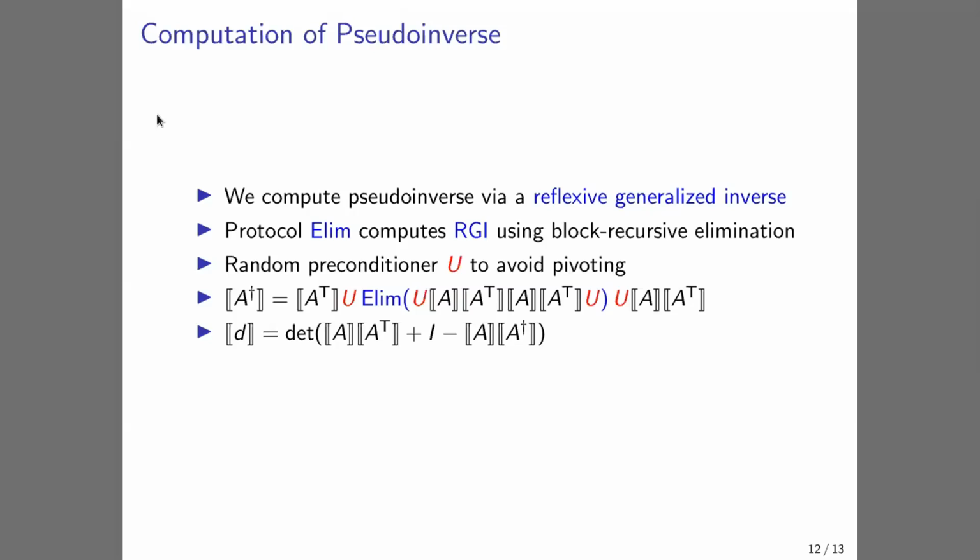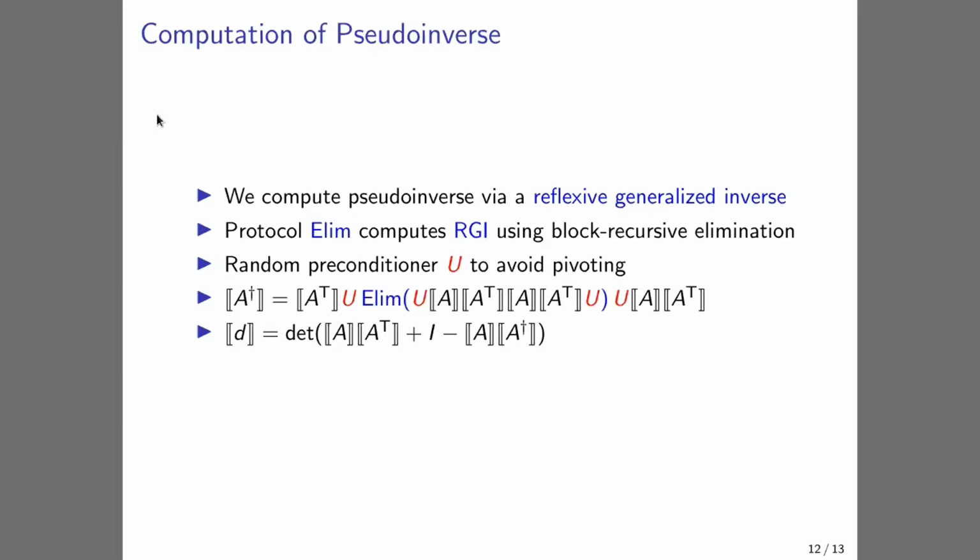We use a randomization technique so that we randomize the input to this ALIM protocol, and that way it basically deals with an average case input and does not have to deal with any exceptional input, which would make it more difficult to make such a protocol oblivious.